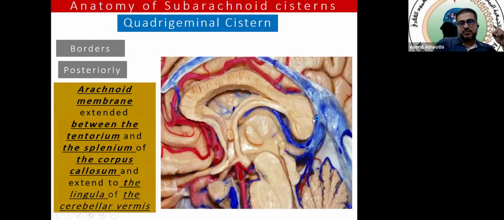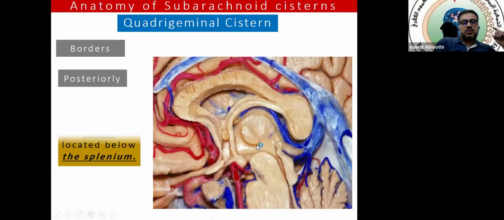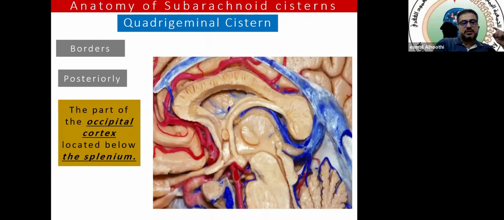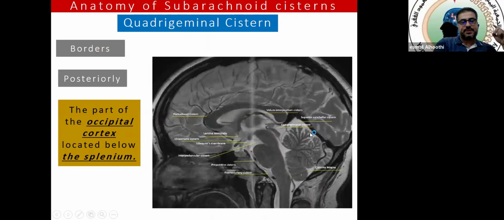From the splenium to the tentorium makes the posterior border of the quadrigeminal cistern, from here to here. Also posteriorly, the part of the occipital cortex located below the splenium makes one of the posterior boundaries of the quadrigeminal cistern.